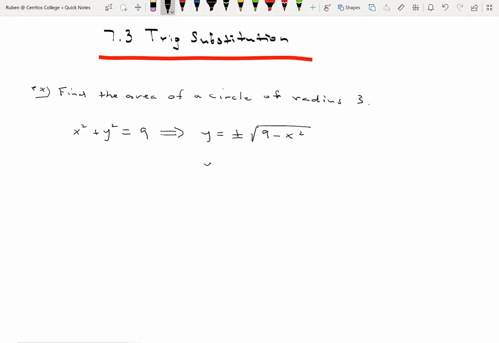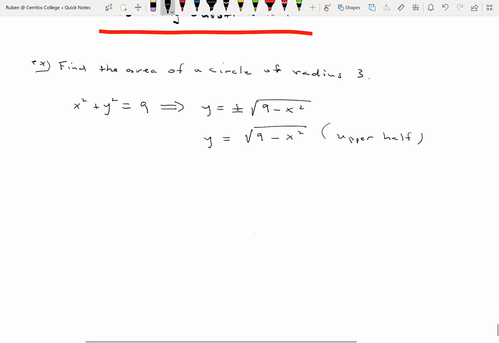So I'm going to solve for just the upper half. I'm going to take the positive square root, and that gives me y equals the square root of 9 minus x squared. So this is the upper half of the circle. Okay, so let's use that as our non-negative function since it lies above the x-axis.